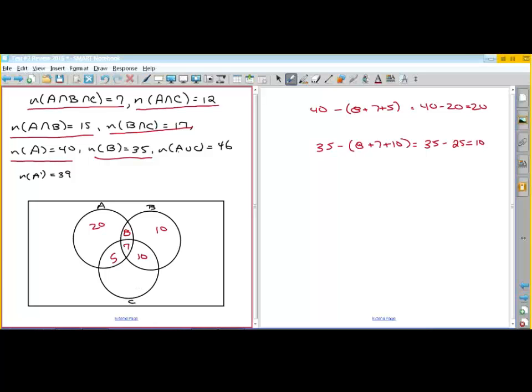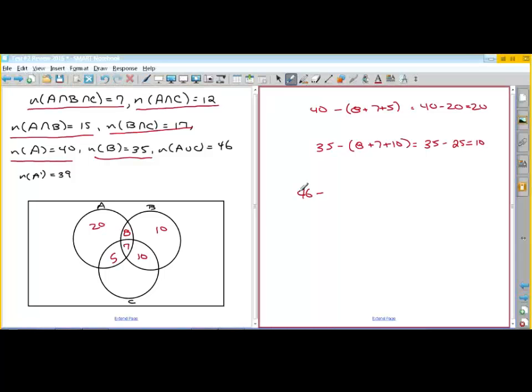Now, if I did the number of elements in C, I could do the same thing, but I'm going to add something a little bit different. And so I give you the number of elements in A union C. Well, A union C is everything that's in A plus everything that's in C. So you can see that I already have what is in A, and I don't double count these, so I'm just going to go this one plus this one plus this one plus this one plus that one, which is in C but not in A, plus this one has to equal 46.